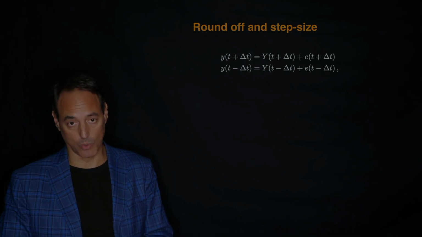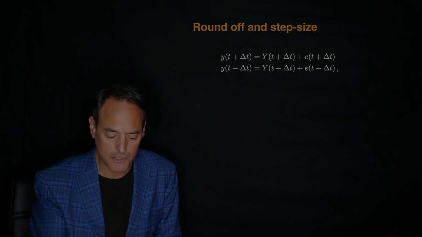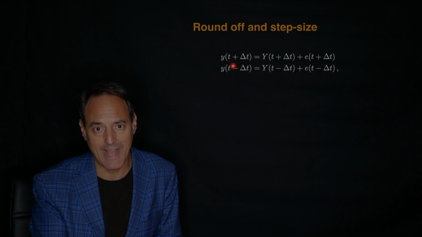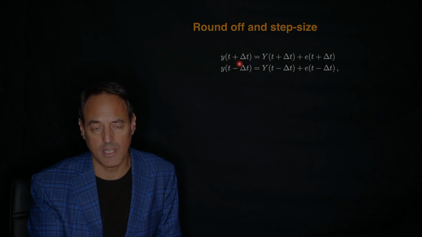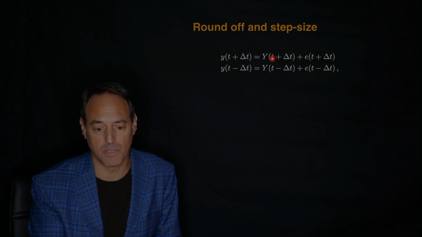You actually do much worse because of numerical round off. So anytime you represent any kind of number in MATLAB or Python up to 16 decimal place accuracy, there is a round off error that occurs there.